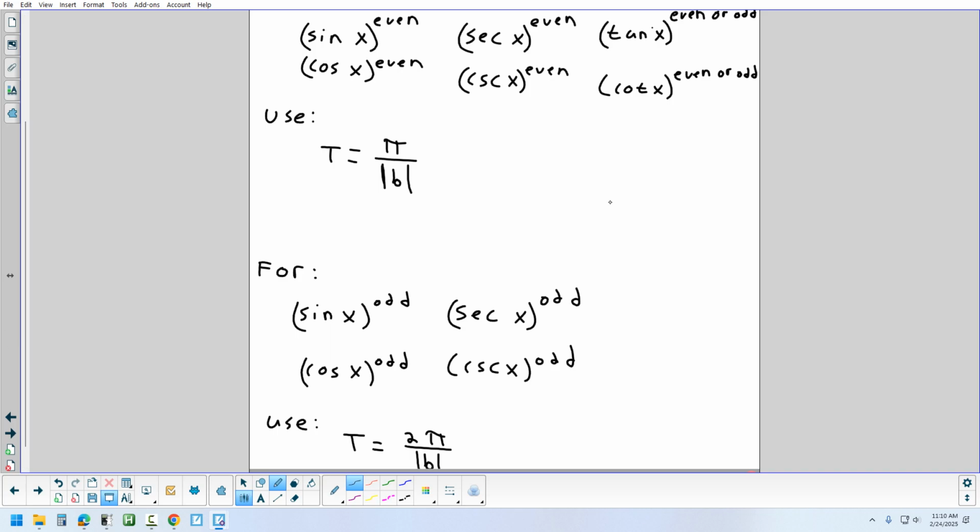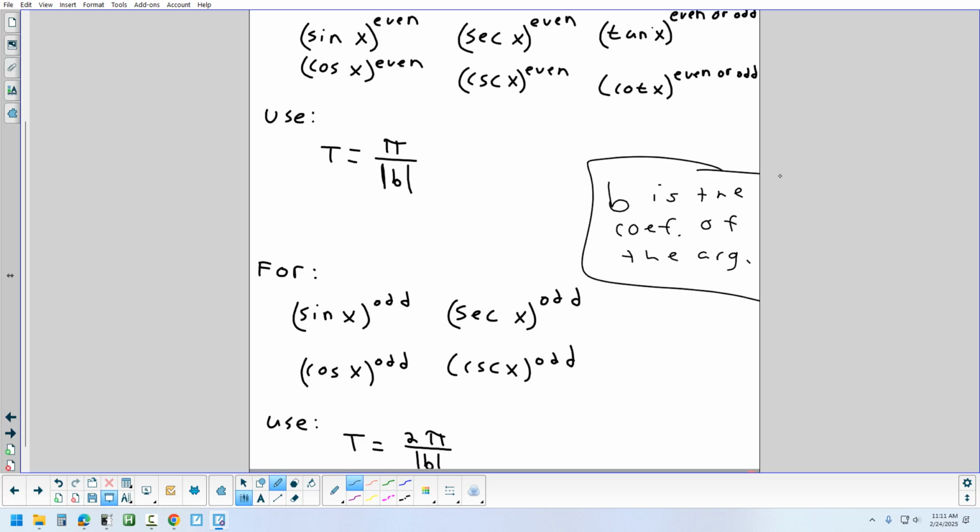I can write that off to the side, just in case you don't remember what b is. All right, so it's the same two formulas we're used to using, pi over b and 2 pi over b. We can just use them in more situations than you originally knew about.